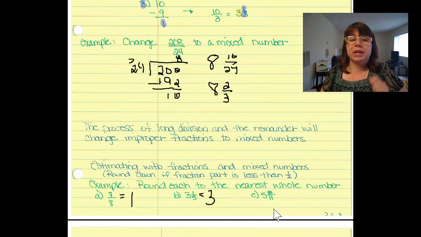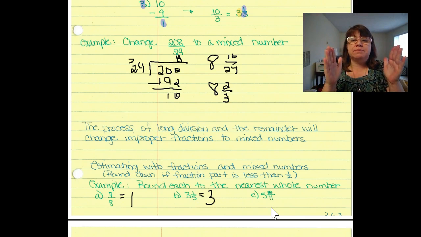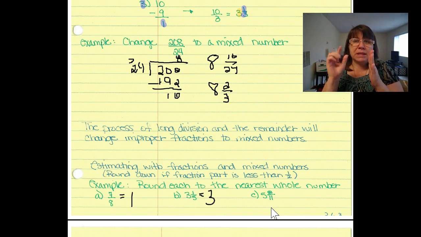Let's take the third example, 5 and 8/11. Consider the 11, okay? And again, from 0 to 11, where is the halfway point? Well, 5 plus 5 will get me 10. 6 plus 6 will get me 12. So technically, the halfway point is 5.5.